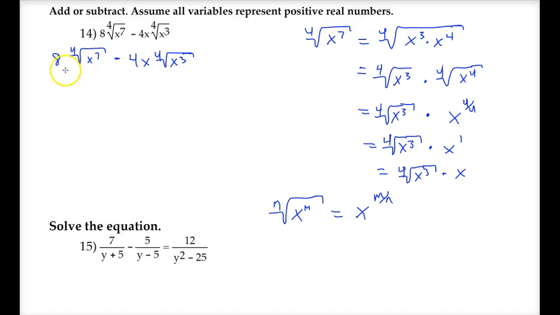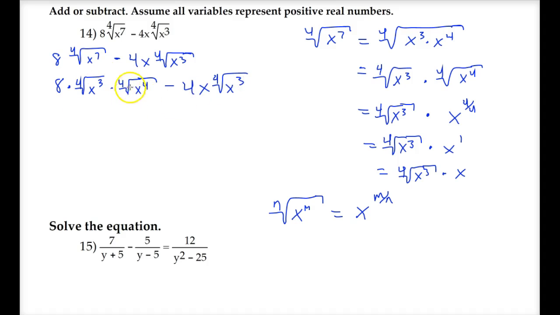And so here, we're going to say 8 times fourth root of x cubed times fourth root of x raised to the 4. And we'll rewrite this other part. Erase that, make that look a little better.